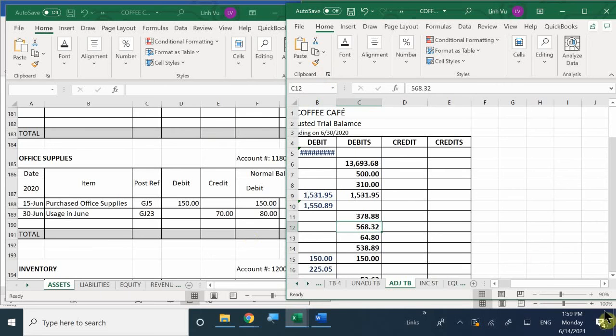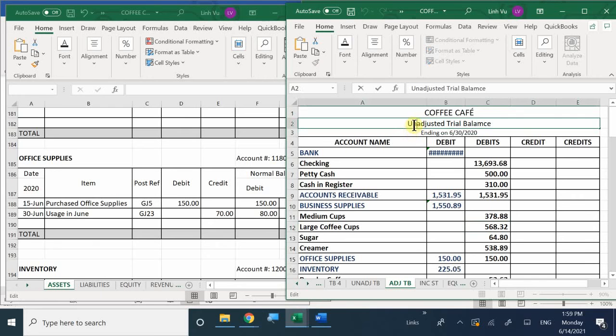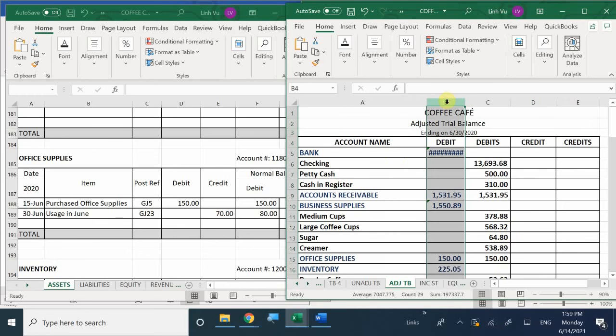All right? So there we go. Again, I'm going to change this to say adjusted trial balance.